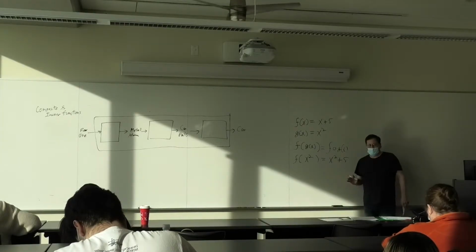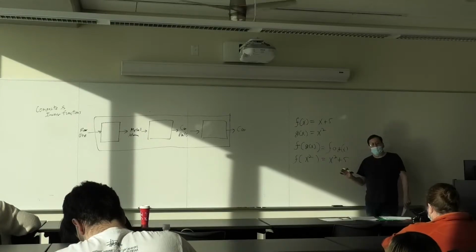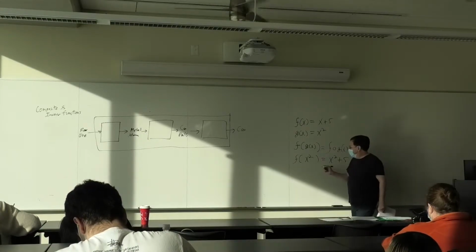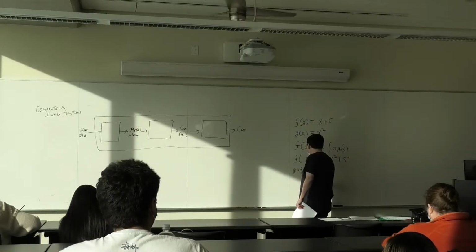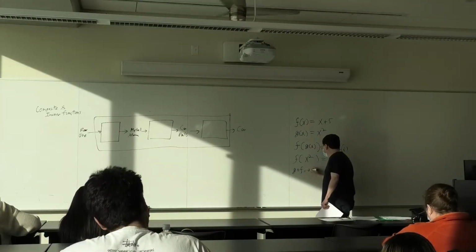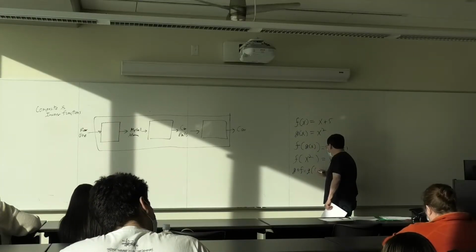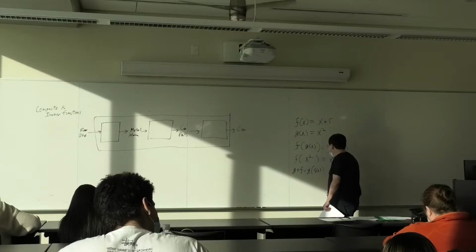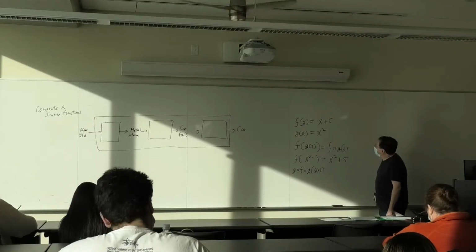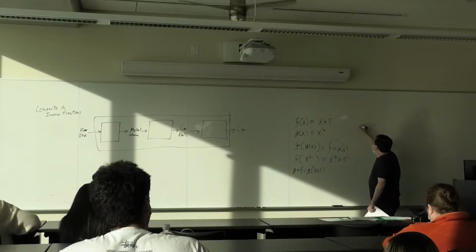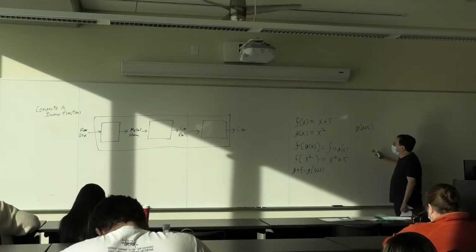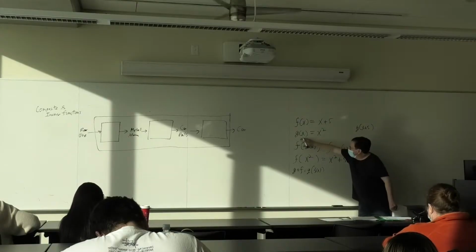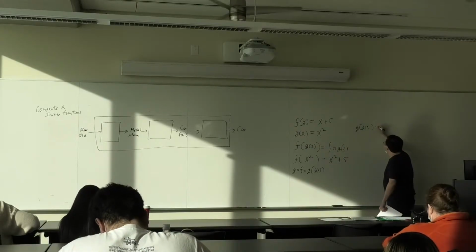Now, there's something a little different from most operations we do. If I switch these, g of f, which is g of f of x, what happens? Well, that's g of x plus 5. And what does g do? It takes whatever you give it and it squares it.